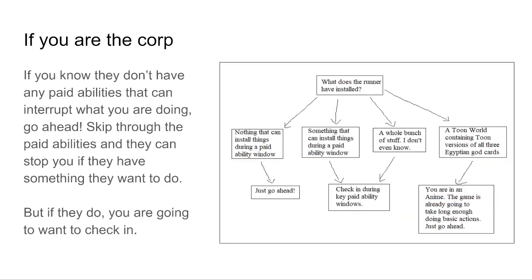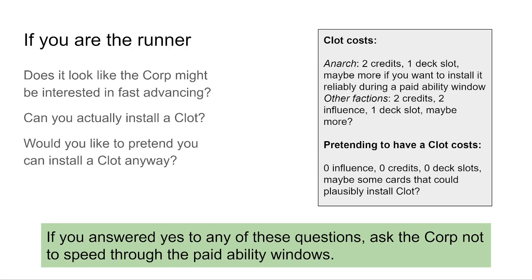And if they don't have any paid abilities that matter, that have the possibility to matter, just skip ahead. It's fine. But if you're not sure, or they definitely do have some things that they might want to do, you're going to need to check in.